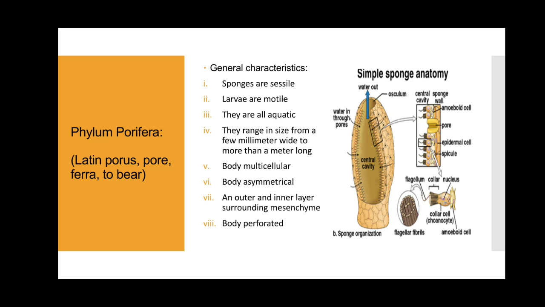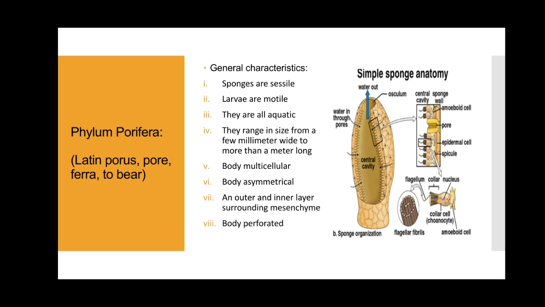Sponges are all aquatic. Mostly they are found in the marine water, and some of them are also found in the fresh water. And they range in size from a few millimeters, which are microscopic, to more than a meter long.